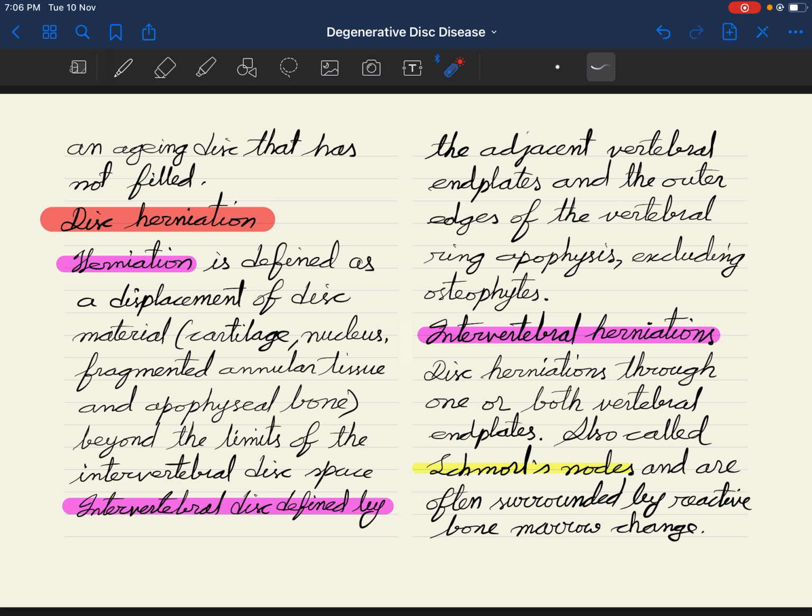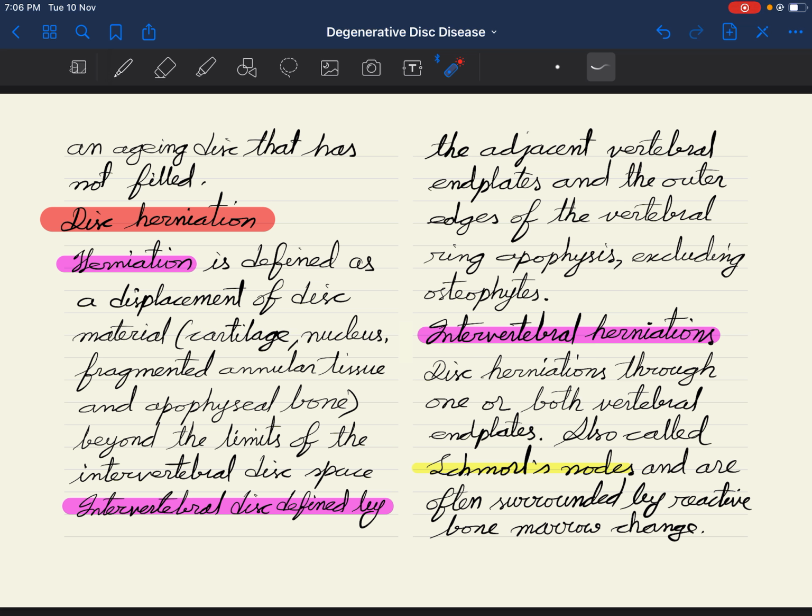The boundary of the intervertebral disc is defined by the adjacent vertebral endplates and by the outer edges of the vertebral ring apophysis, but we have to exclude the osteophytes.